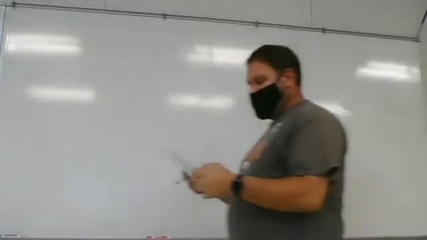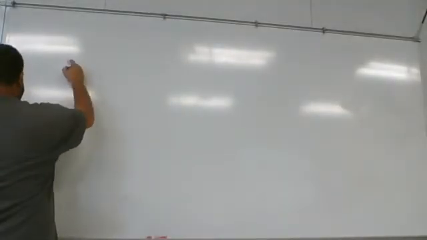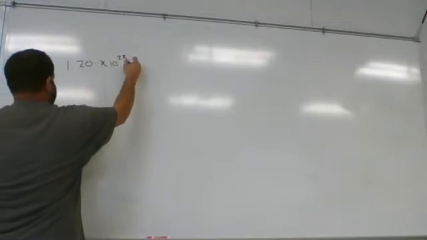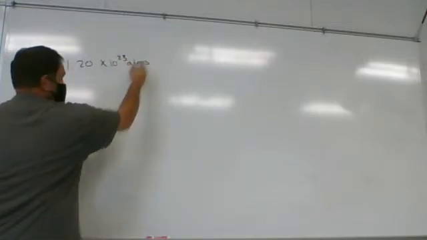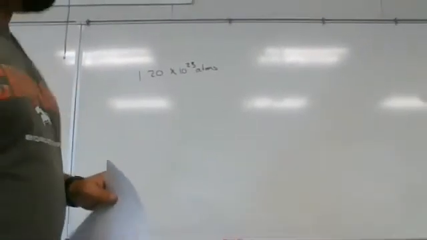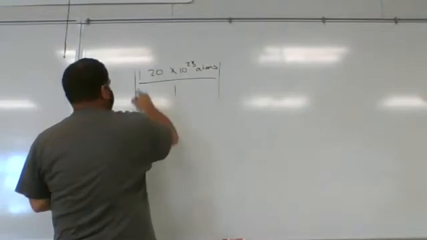All right, number 3. What you have to remember in 3 is that you're trying to go from atoms to moles. So 1.20 times 10 to the 23rd atoms over 1, there's our fraction.